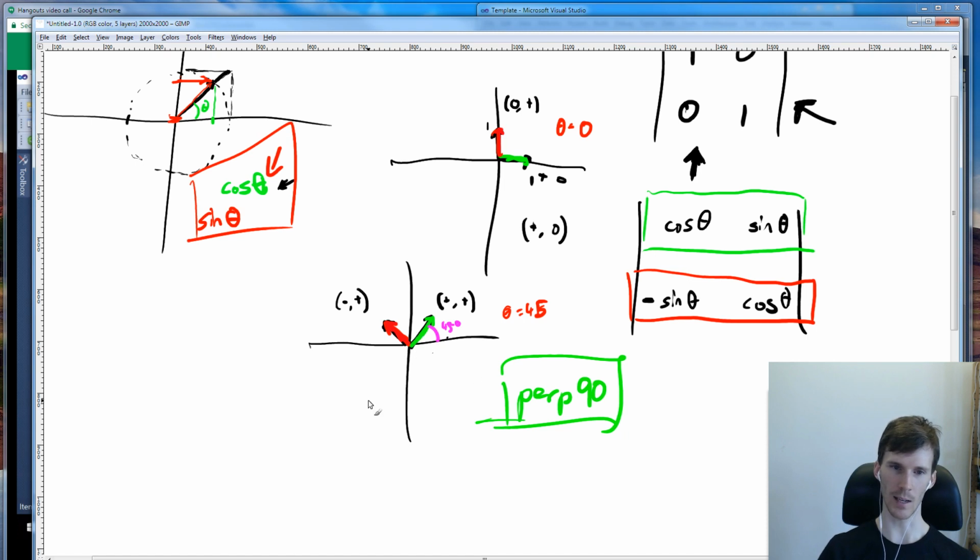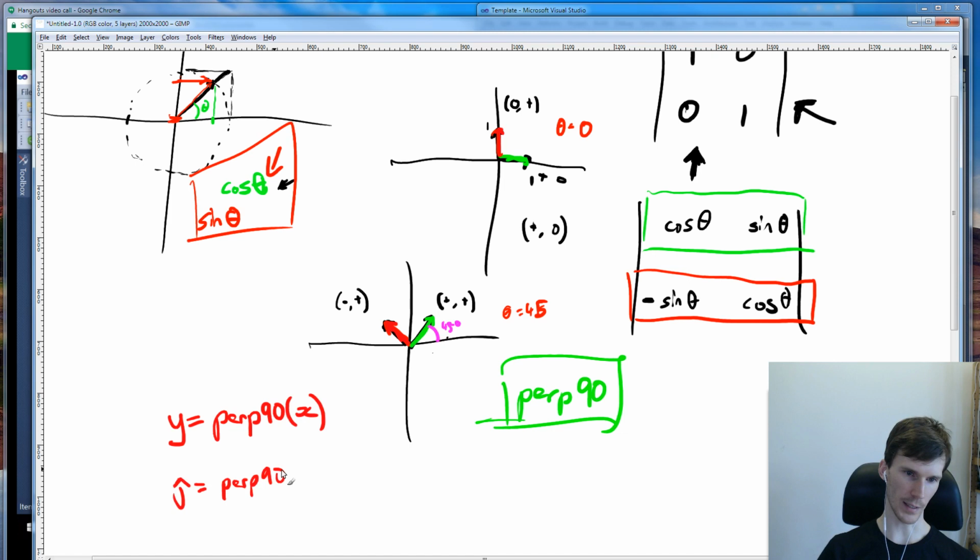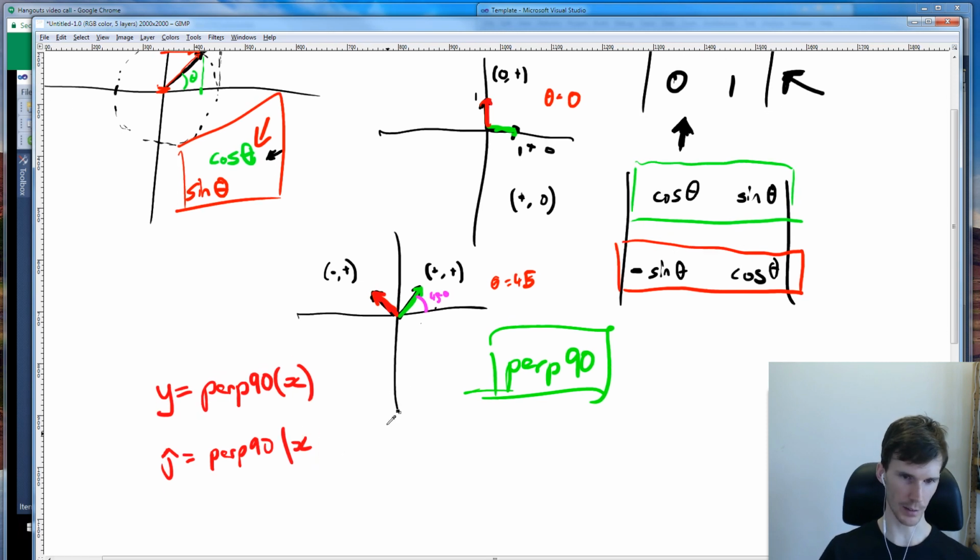We can say that the y equals perp 90 of the x, which means that j hat equals perp 90 of x hat. And you'll have to forgive me for messing up the colors, but sorry, not x hat. You mean i hat. Right? I do mean i hat. Of i hat.